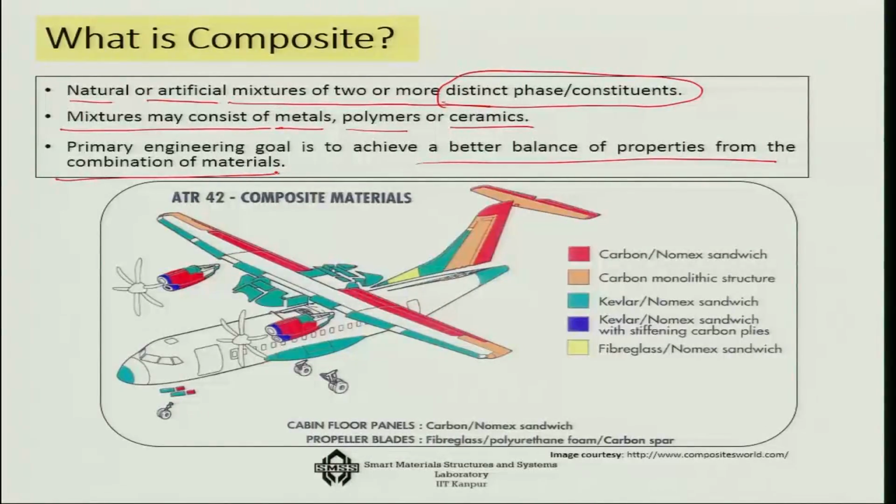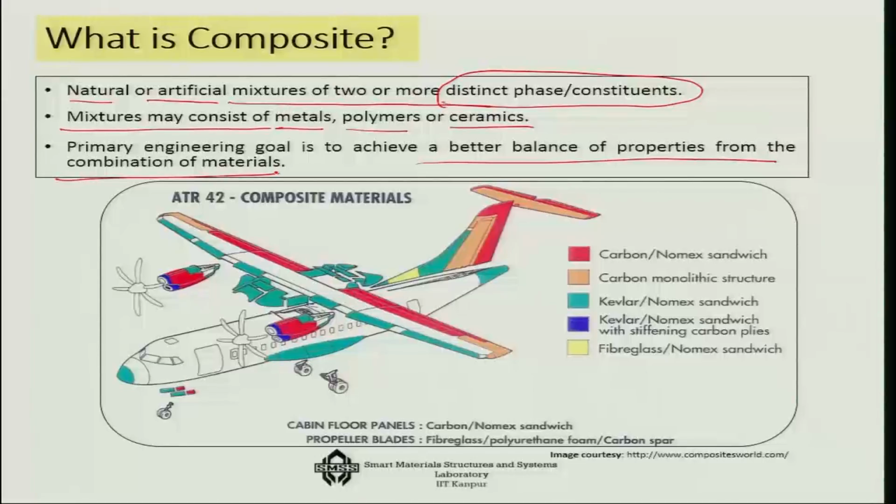Suppose the whole system must have better strength, better stiffness, better thermal conductivity, or better resistance against moisture, or the expansion would be lower. So, various types of properties you can achieve by making a composite.